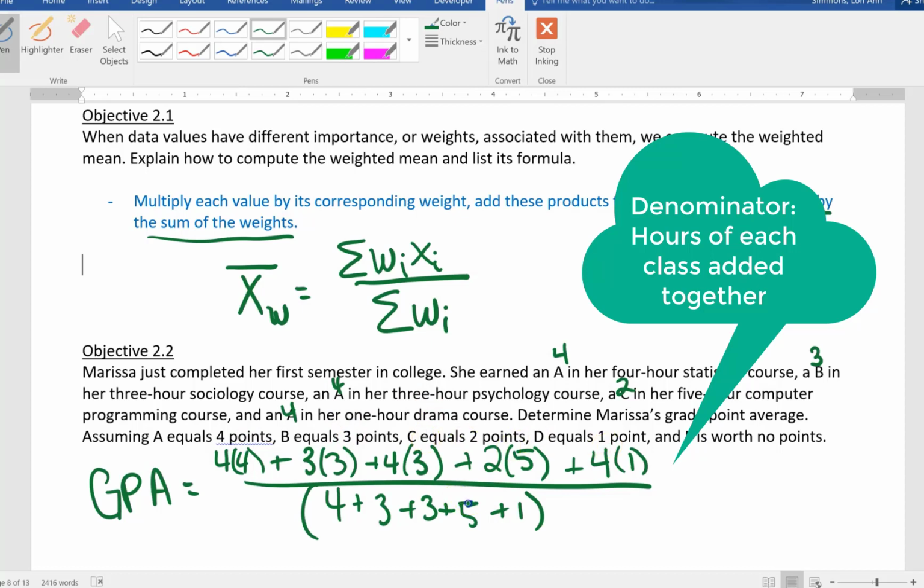The hours that she is in class is going to be your weight, because that's what changes. So once you do this, if you want to put this all in your calculator, make sure you put this whole numerator in parentheses. You should get 3.19.